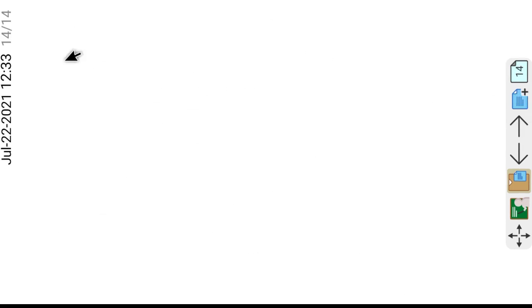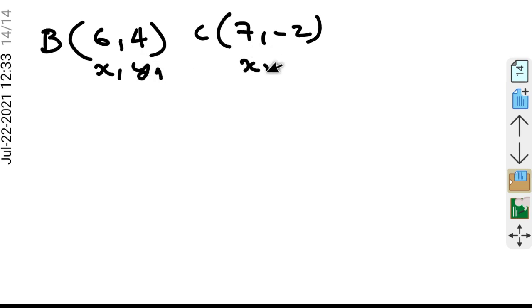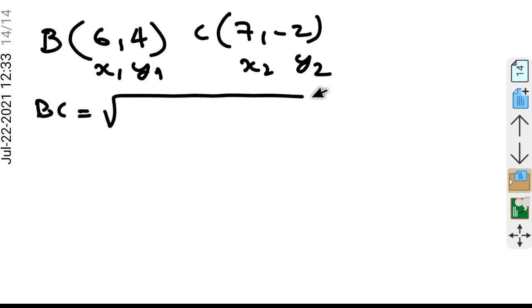Okay, now take the next one, that is BC. The B coordinates they have given are 6 comma 4, and the C coordinates are 7 comma minus 2. As usual, call this x1 y1, and this x2 y2. BC equals under root of x2 is 7 minus x1 is 6 whole square. I'm directly applying the data because you know the formula, right?